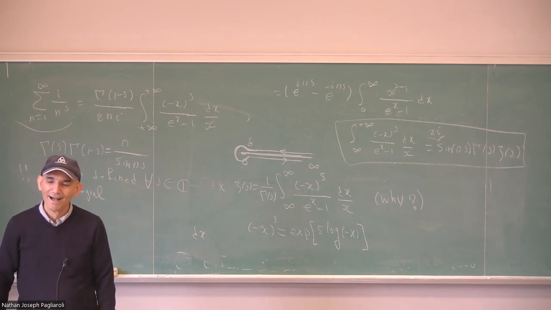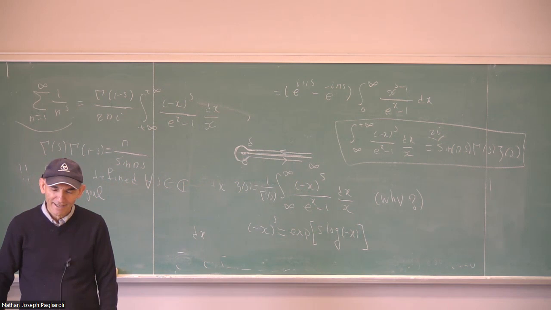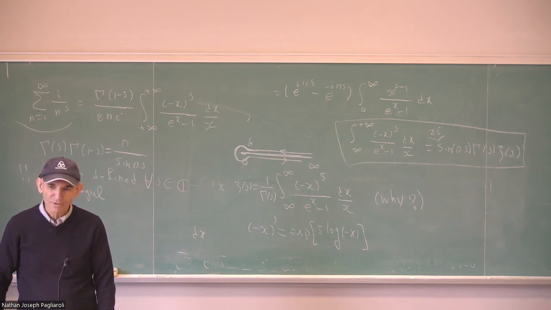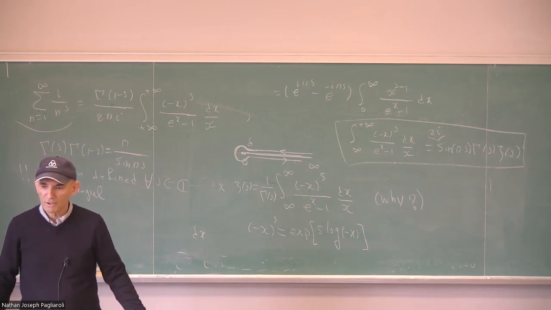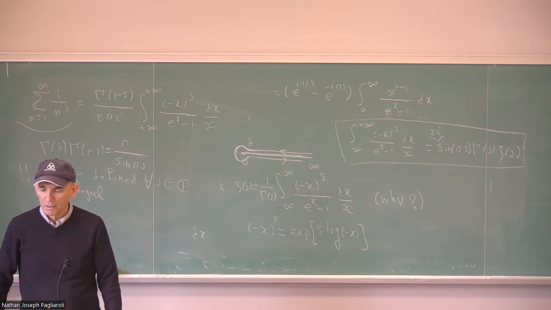Z to the power S. But that's Z to the power S, so which one is the variable? Is Z constant or S constant? Fix Z, a complex constant.